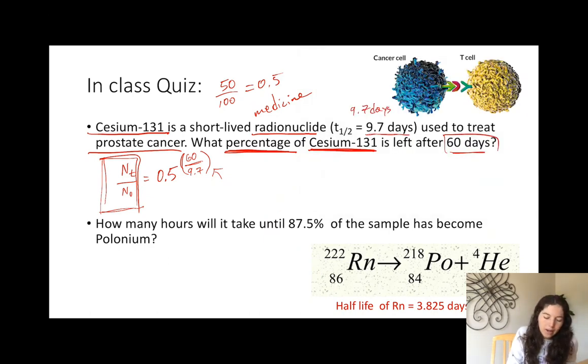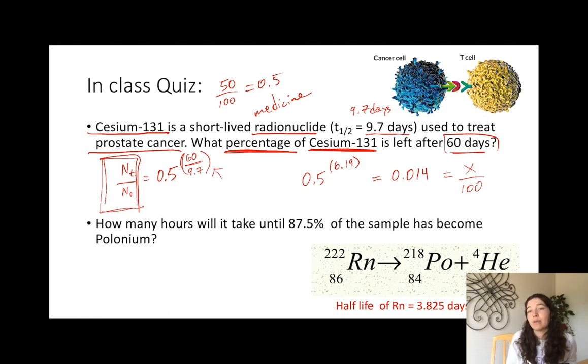Okay, so how we solve this is 0.5 raised to 60 divided by 9.7, which when I put that in my calculator is 6.19. So 0.5 raised to 6.19, then I get 0.014. Now, this needs to be converted to a percentage, so we need to find what number this is over 100.